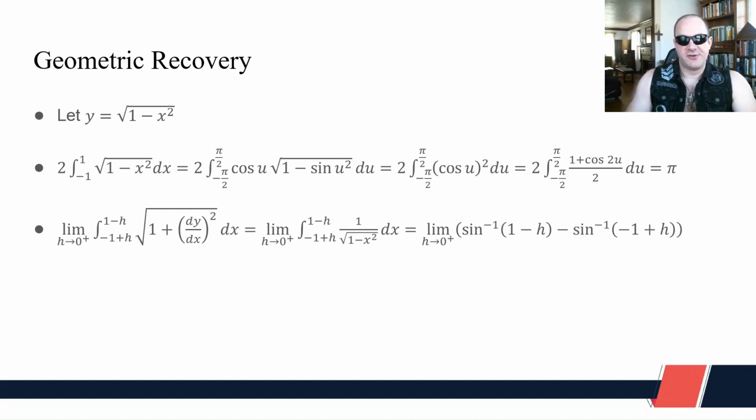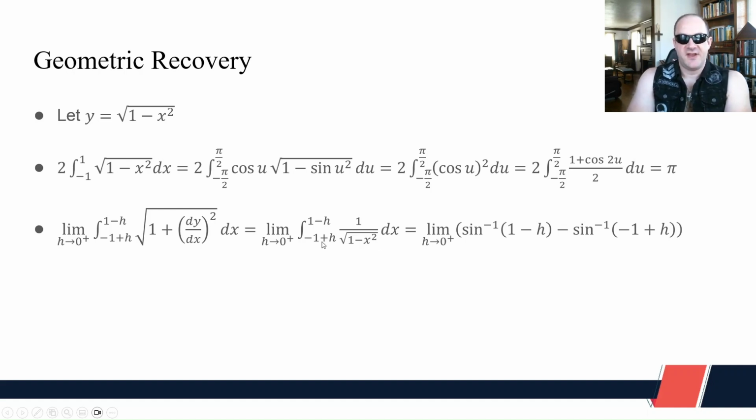Its inverse is simply called the arcsine, or the inverse sine function. And when you play the game that we played earlier, you find that the derivative of the arcsine is precisely 1 over the square root of 1 minus x squared.